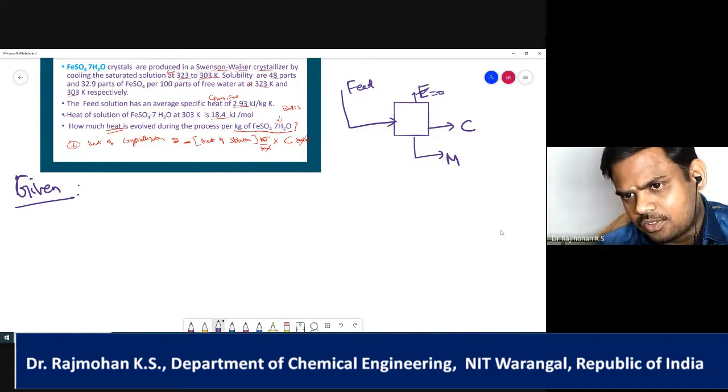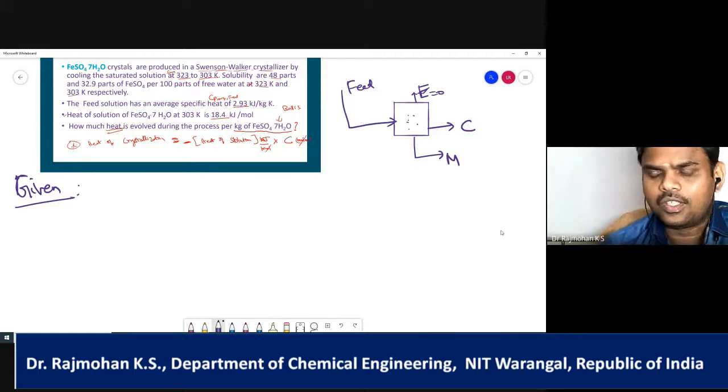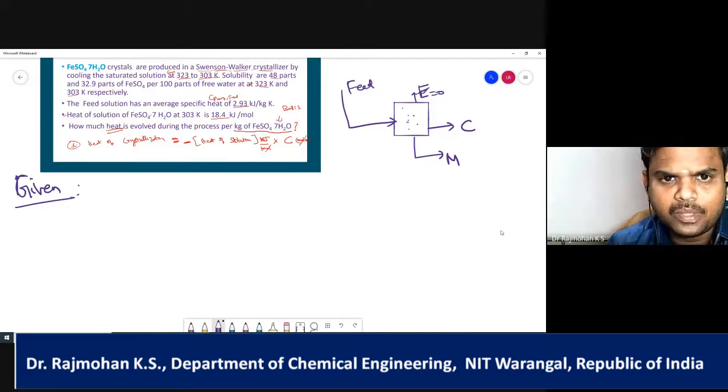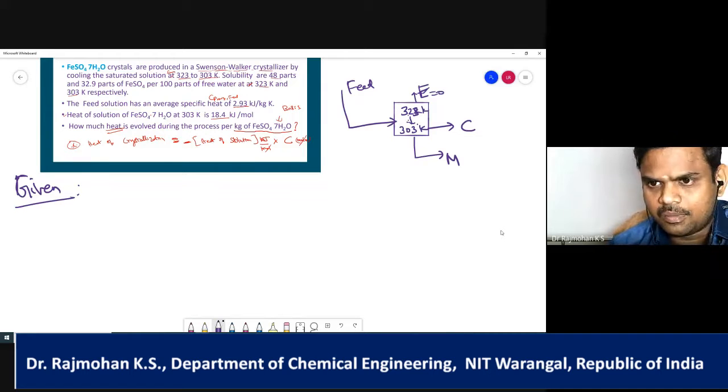Okay, so in this, what is happening? Supersaturation is obtained by cooling it from an initial temperature of 323 Kelvin to 303 Kelvin. So it is cooled from this temperature to this temperature. Initial temperature is 323 Kelvin. Final temperature is 303 Kelvin.